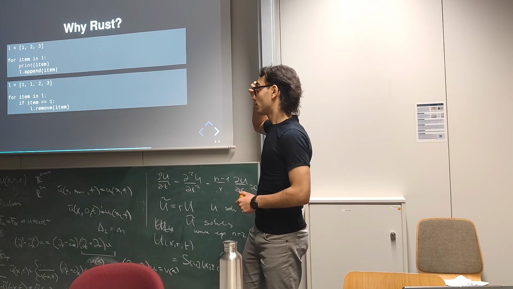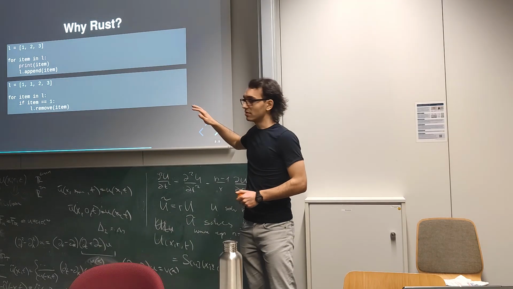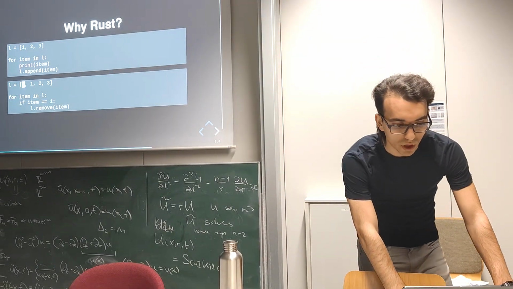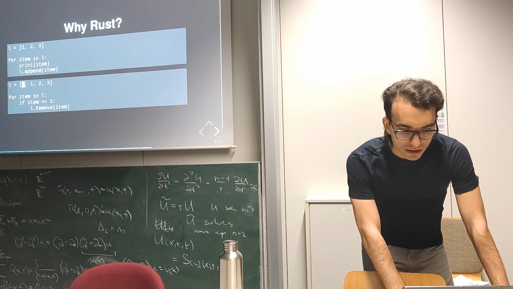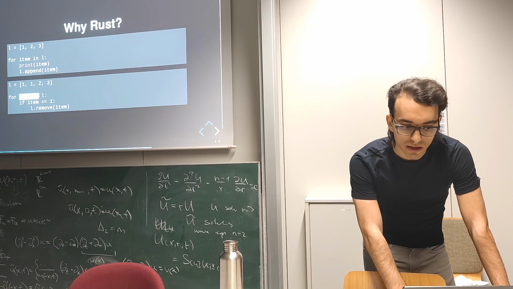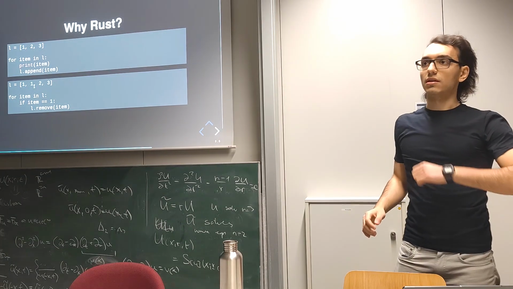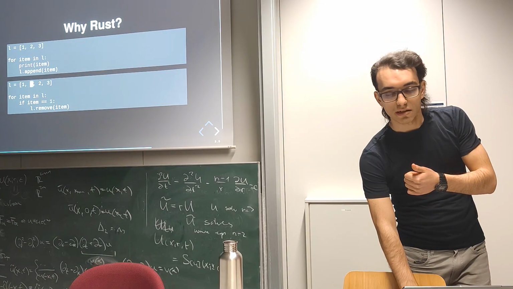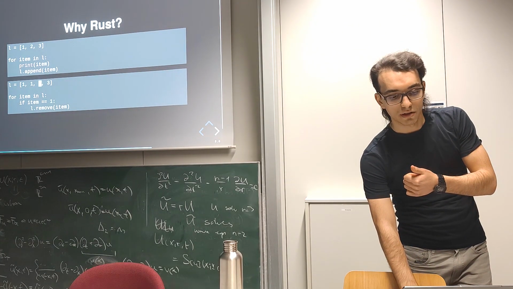So what is going on here is first, you see the first item 1 and call remove on it. So the first item is removed, but you are iterating here, and the index is 1. So you take a look at the index 1, but it's not 1 anymore, it's 2 now.